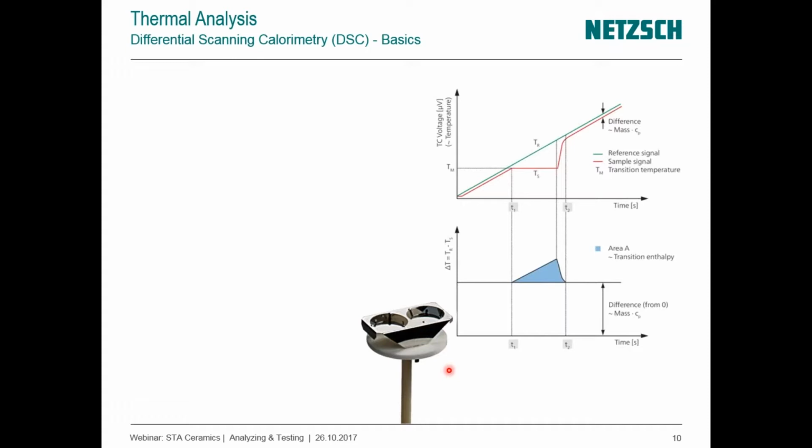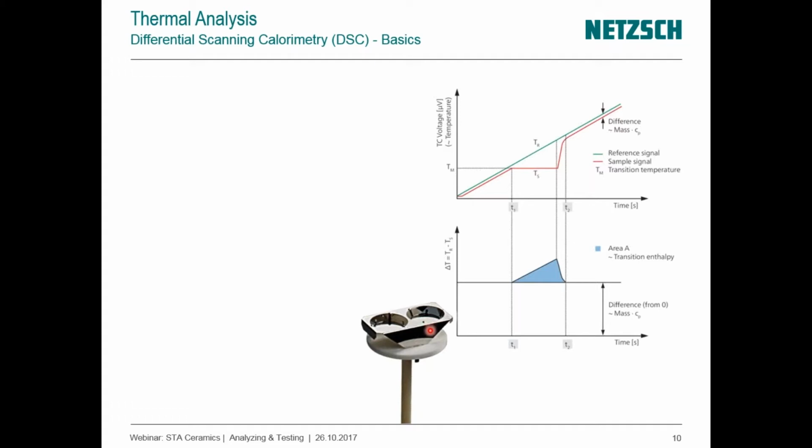So you need a thermal bridge, a thermal connection between each side, and this is achieved here by the sensor construction. So this shaped design here builds a thermal bridge, and therefore you get a heat flux DSC, which has a better sensitivity, a more stable baseline, and a lower time constant. So you can also separate small effects from each other.